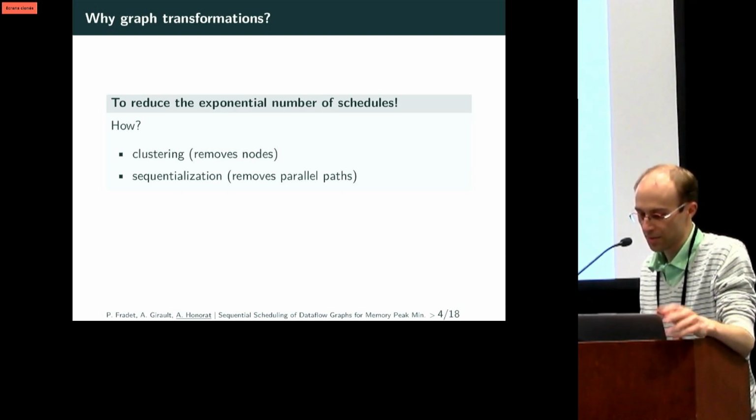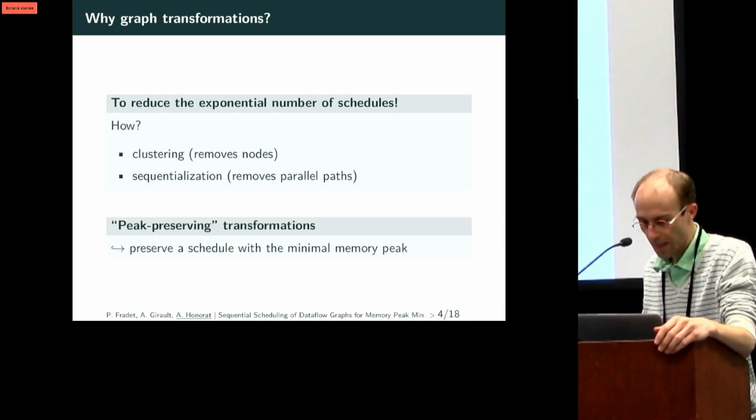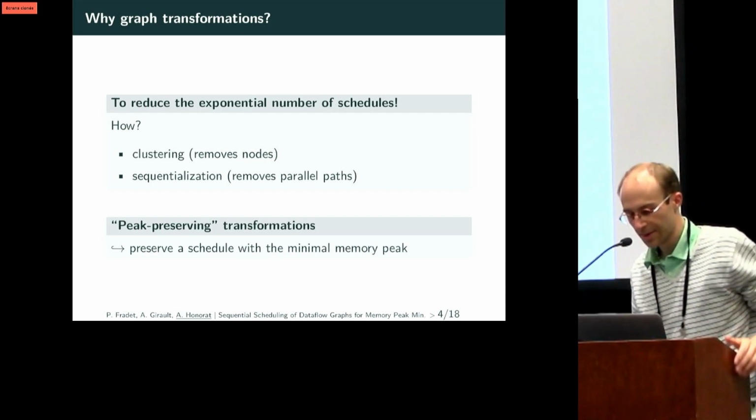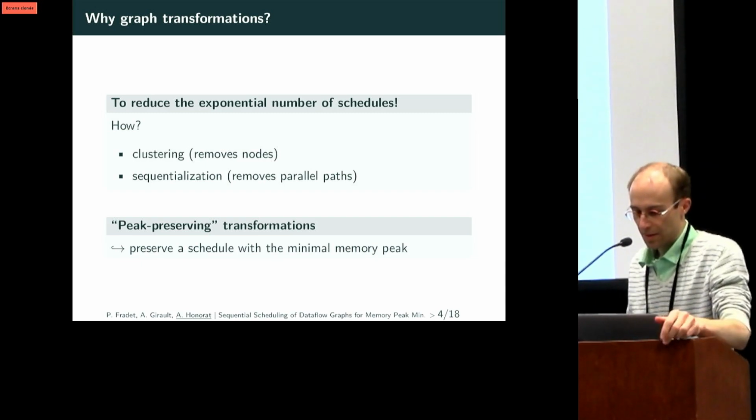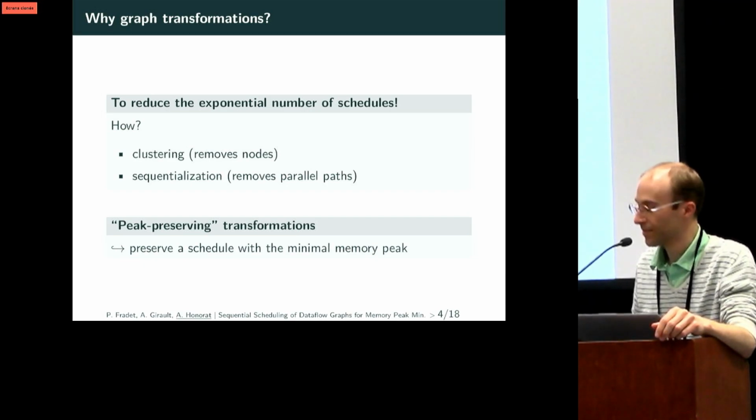We will do it by clustering nodes and sequentializing them, which will remove nodes or remove parallel paths. And by peak-preserving transformations, we mean that we want to ensure that our transformation preserves a schedule with the minimal memory peak in the transformed graph.